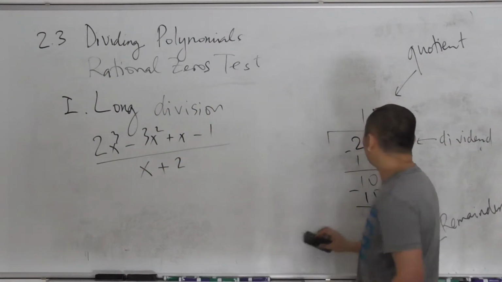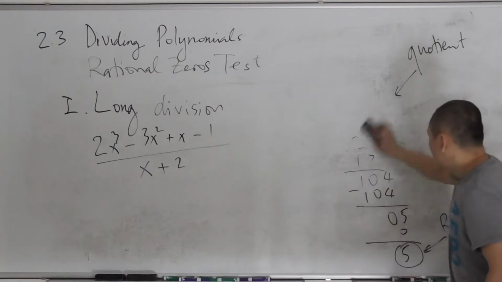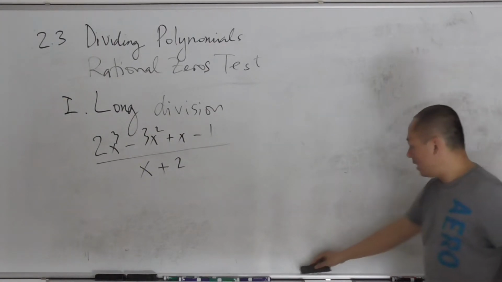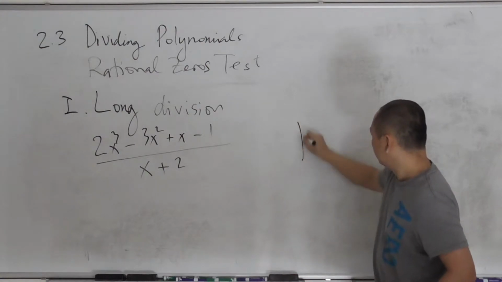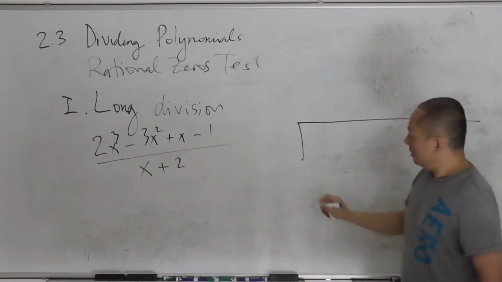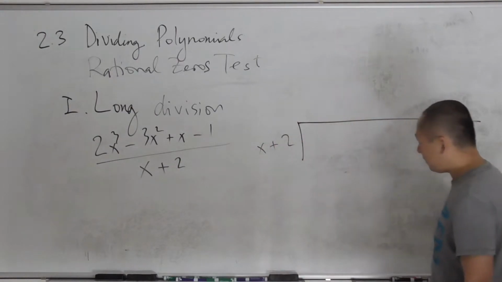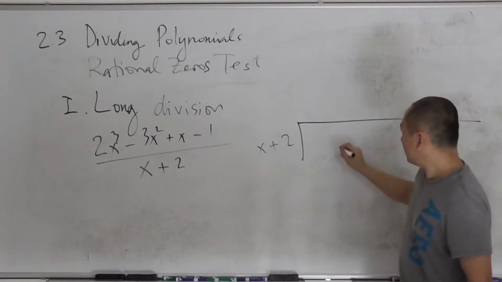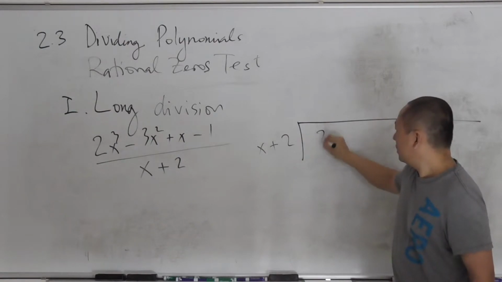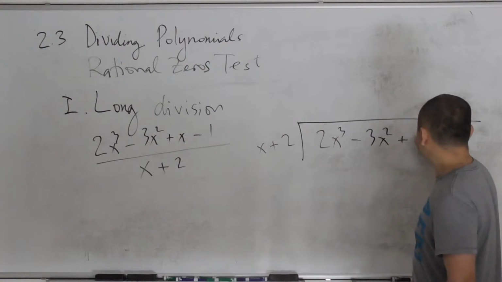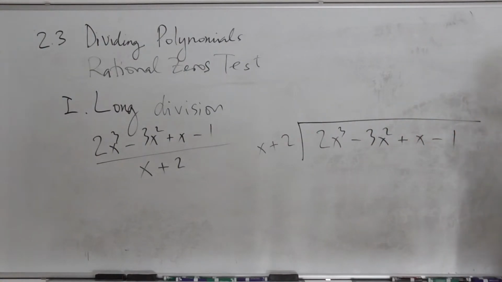Okay, so how do we do long division on that one? Very similar to long division in terms of numbers. We're going to write pretty much the same way. The divisor is x plus 2, and the dividend is 2x cubed minus 3x squared plus x minus 1.